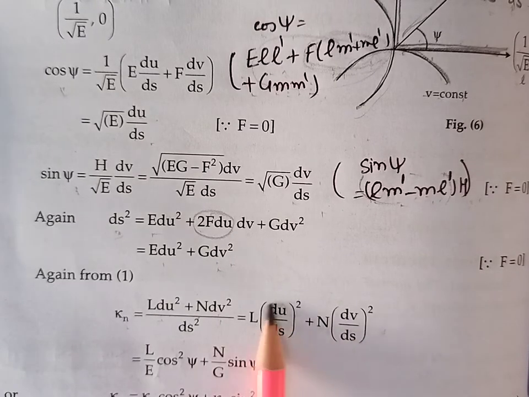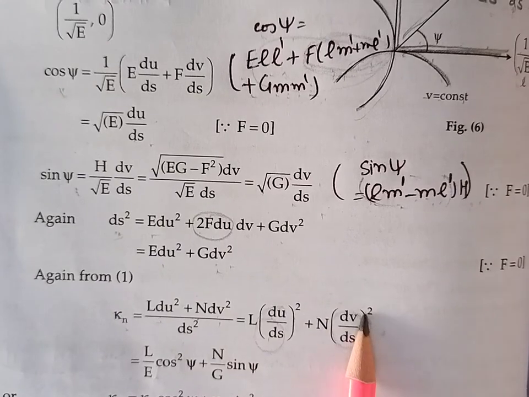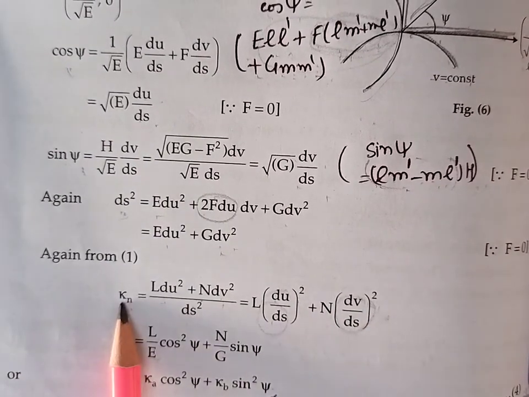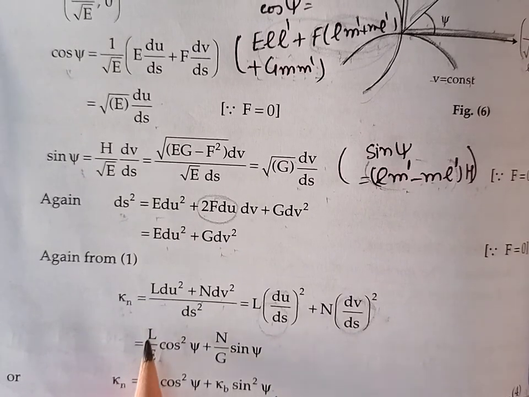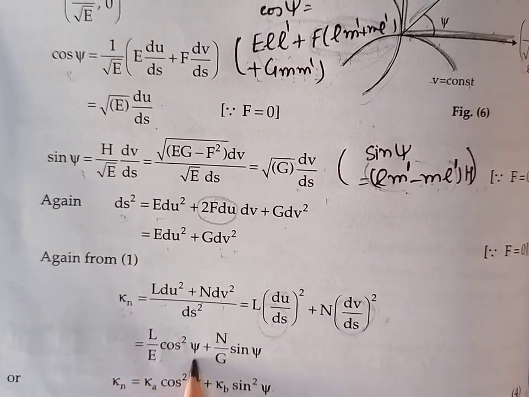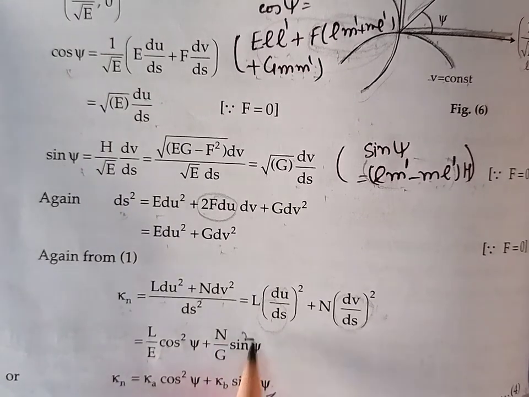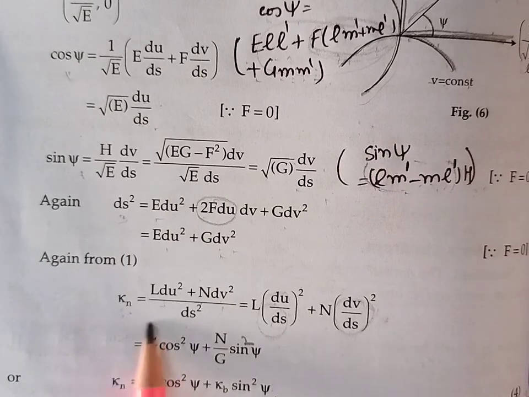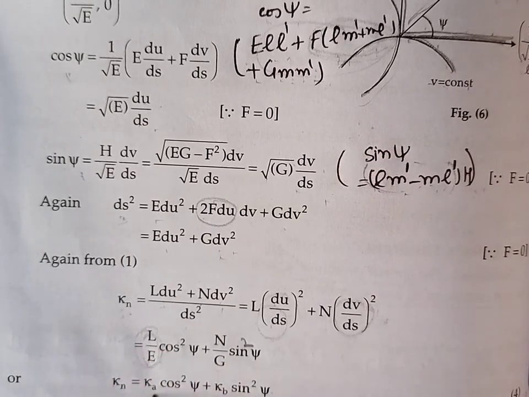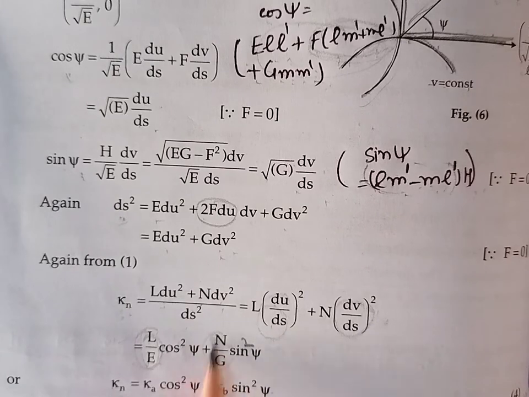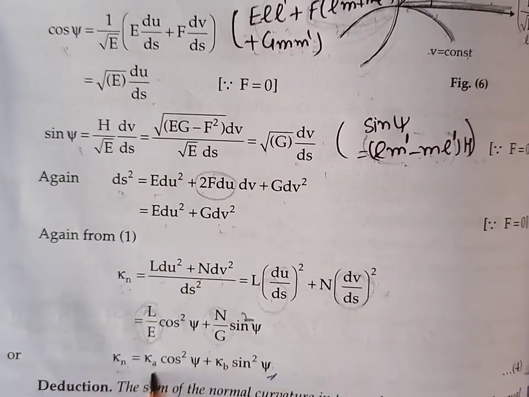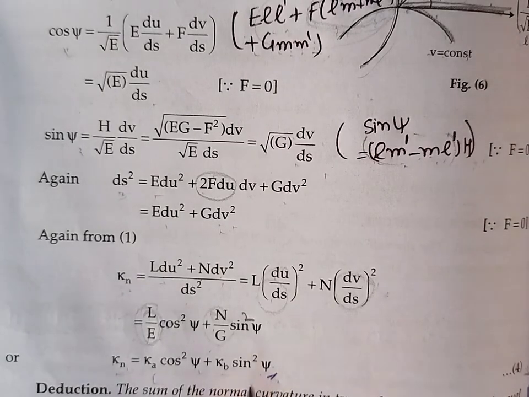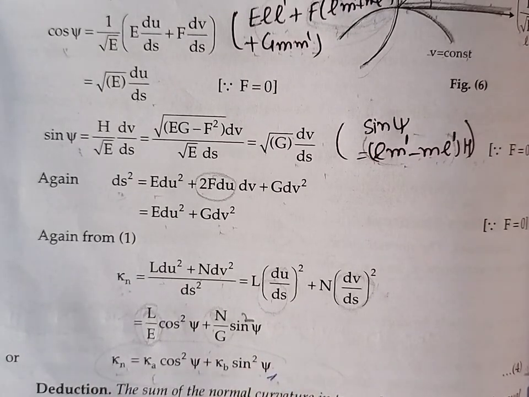Now substituting the values of du by ds and dv by ds from the above equations, we get the value of kappa n, which is given by L cos square psi upon E plus N sin square psi upon G. Now from here we have obtained, L upon E is kappa A and N upon G is kappa B. So we get kappa n is equal to kappa A cos square psi plus kappa B sin square psi. So this proves Euler's theorem.